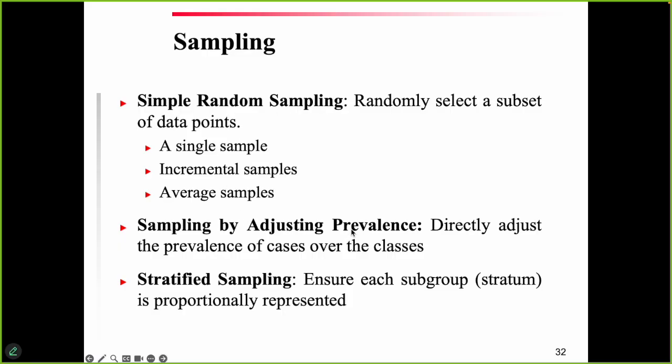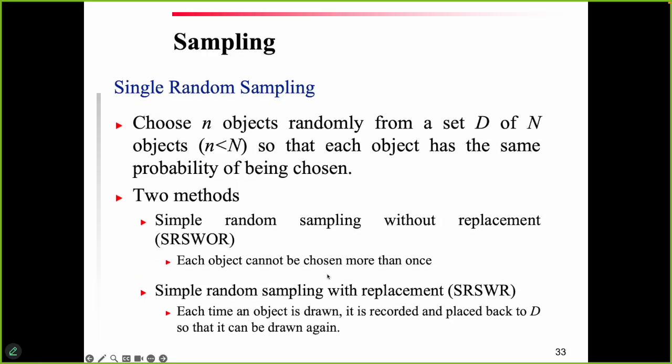There are different ways to do it that I'm going to explain. And then we talked about stratified sampling. This is again when you have an imbalanced data set, but you intentionally want to keep the proportions among the classes. For example, if your data set is 70% male, 30% female, and you want to keep that proportion, then you have to use this method, stratified sampling.